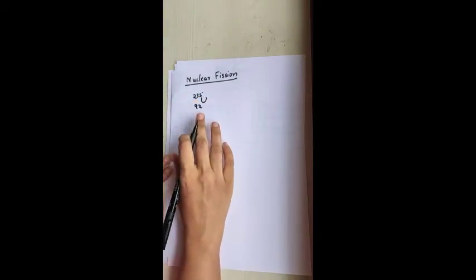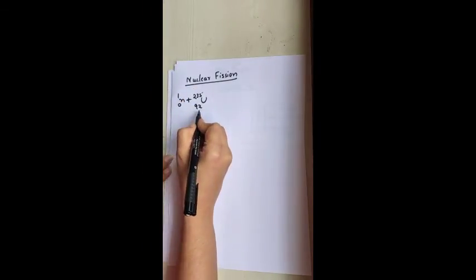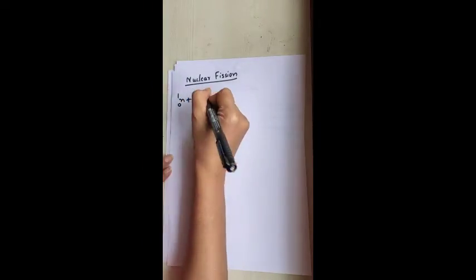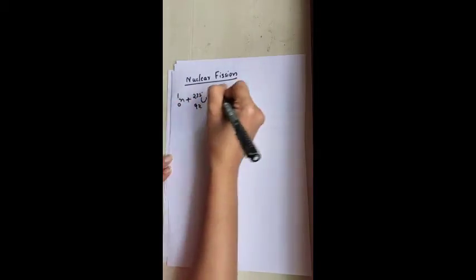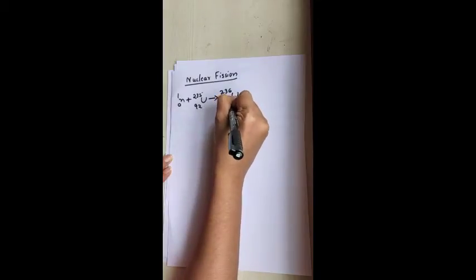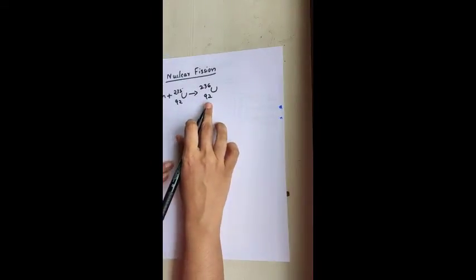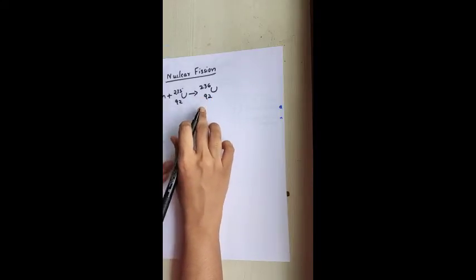This is highly unstable. When a neutron is bombarded onto this uranium-235 nucleus, it absorbs the neutron and becomes uranium-236 (atomic number 92).